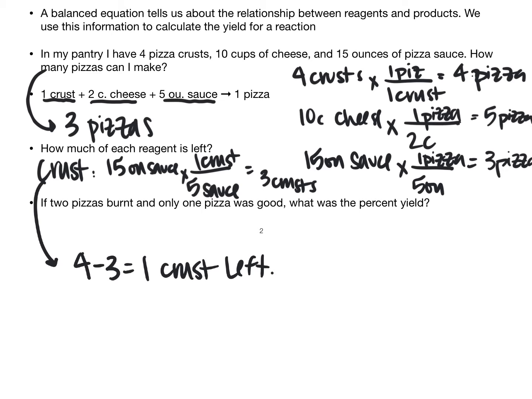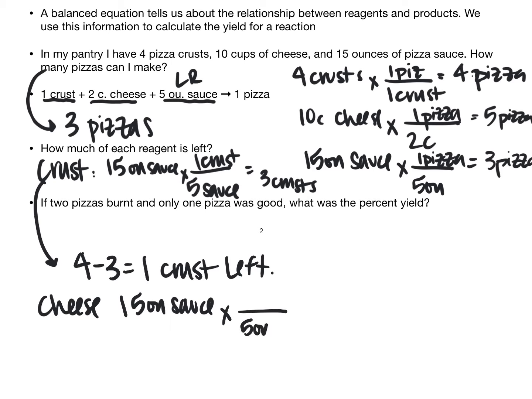And so in this case, we converted the sauce, which is our limiting reactant, to the other reagents to determine the excess. So for the cheese, there are 15 ounces of sauce. We're going to convert that to cheese. So for 5 ounces, there are 2 cups.